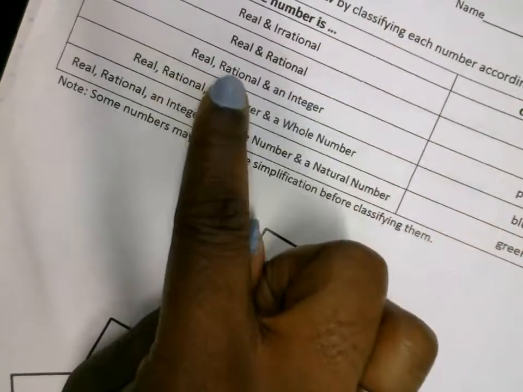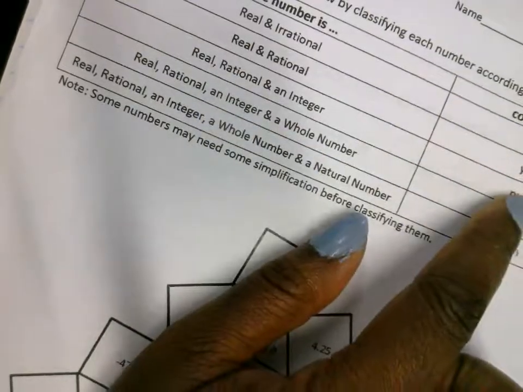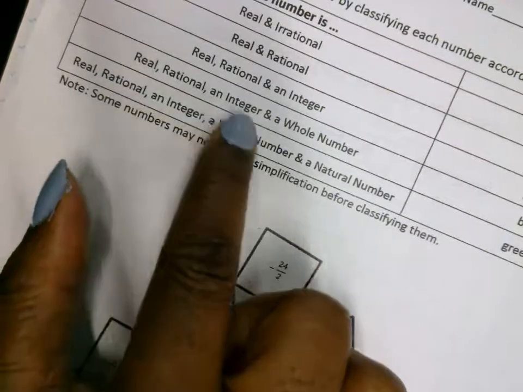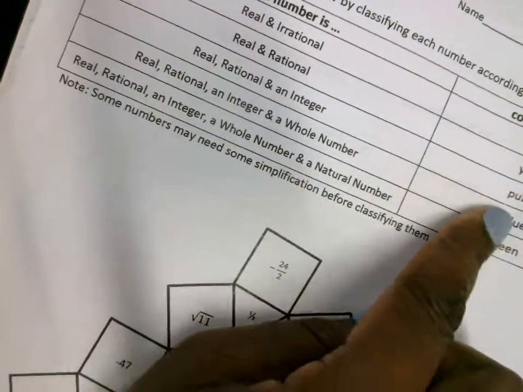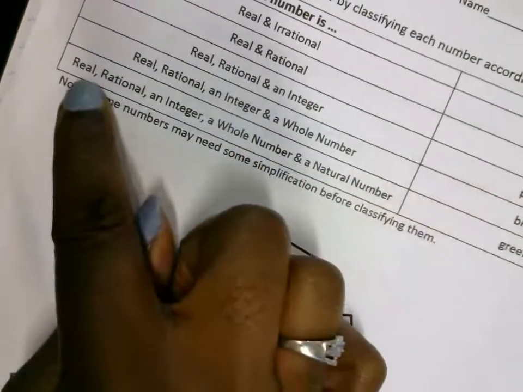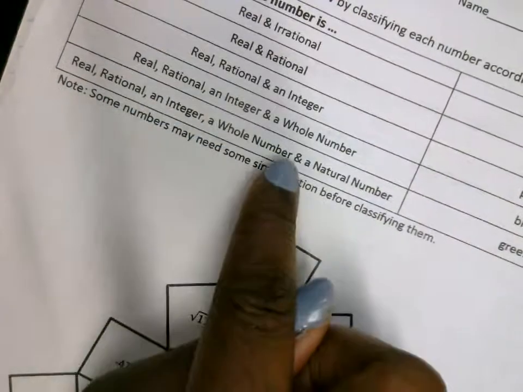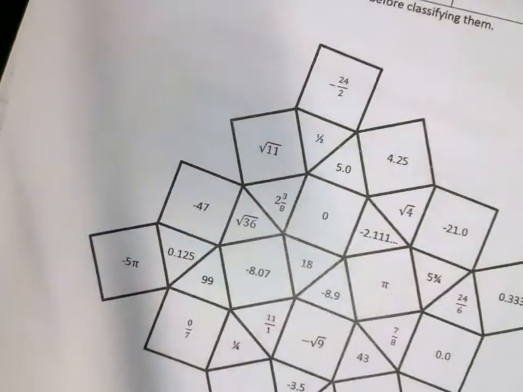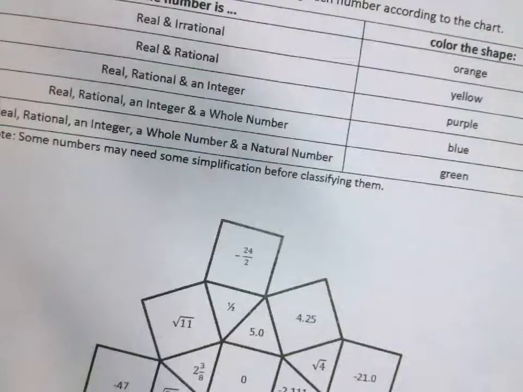If it's real, rational, and an integer, color it purple. If that one number is real, rational, an integer, and a whole number, color it blue. And if it's real, rational, an integer, a whole number, and a natural number, you're going to color it green. Okay? All right. So I'm going to pause for the calls and give you some colorings.